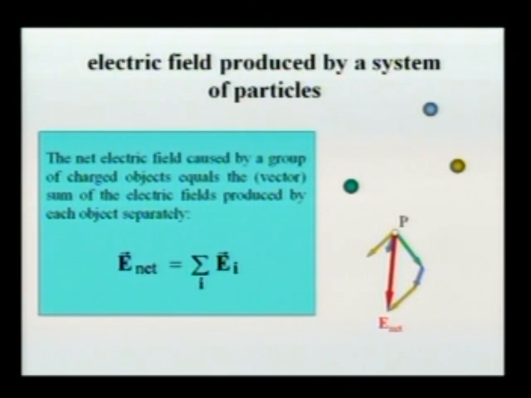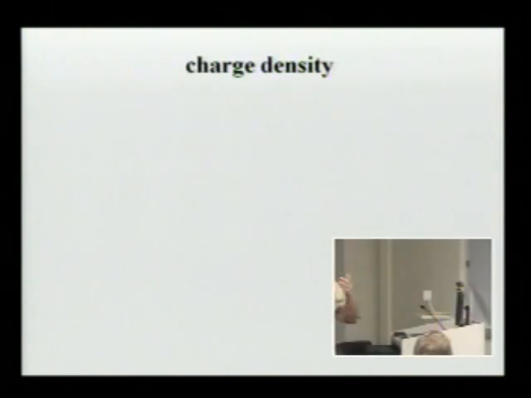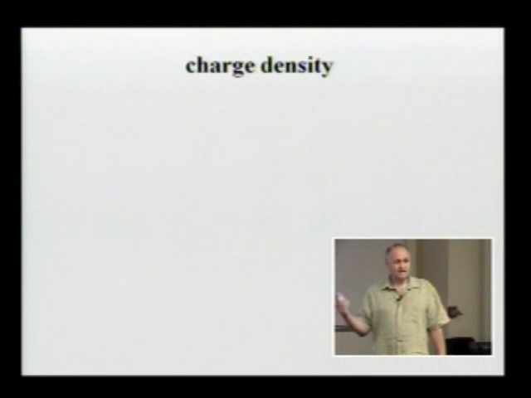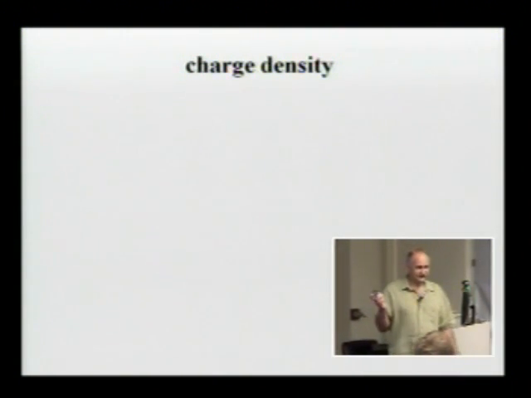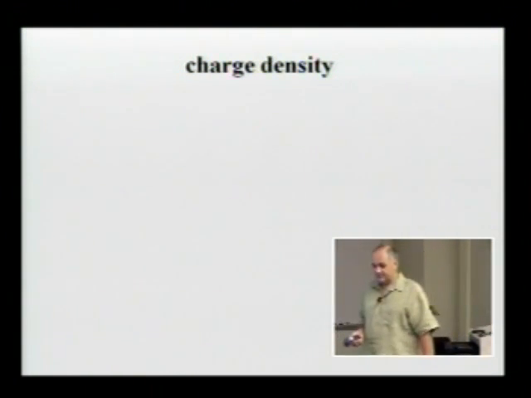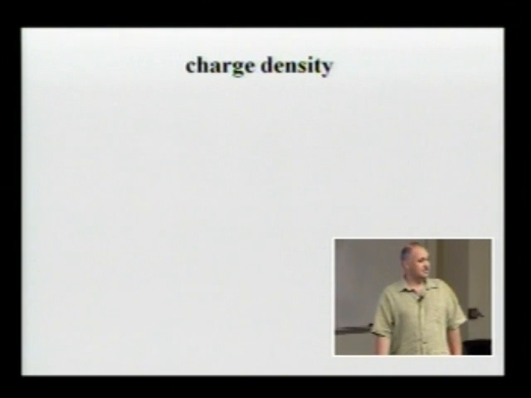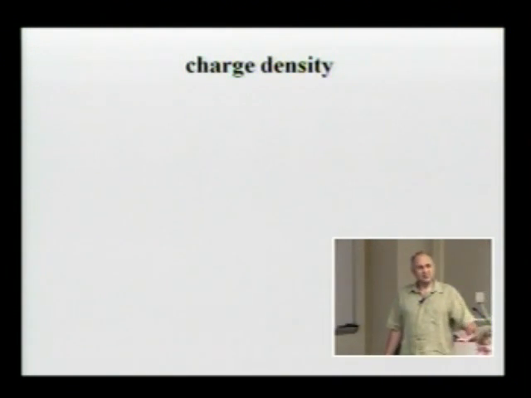Now, in case we have a situation in which there are zillions of particles, then obviously calculating in that way is too complicated. So rather than adding contributions of individual particles, we use integration, which is a different way of addition.